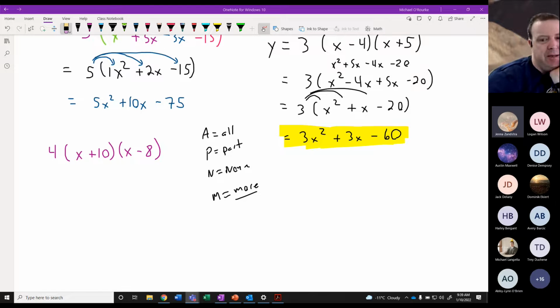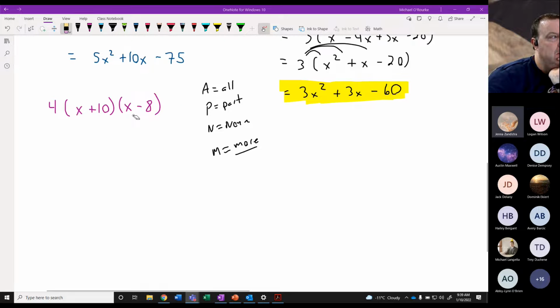Okay, give it a minute, 30 more seconds. Okay, I'm going to start working on it. I'll work on it a little bit slower. So I'm going to leave my 4 up front, and then I'm going to FOIL.